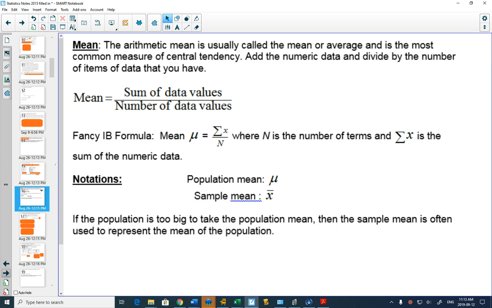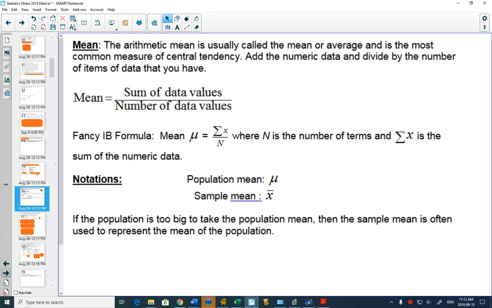The mean. This is your mathematical or arithmetic average. This is the average that you're most used to using. It's how you calculate your school average, how you calculate your average on a test. You add up how many you got out of the total number there was.